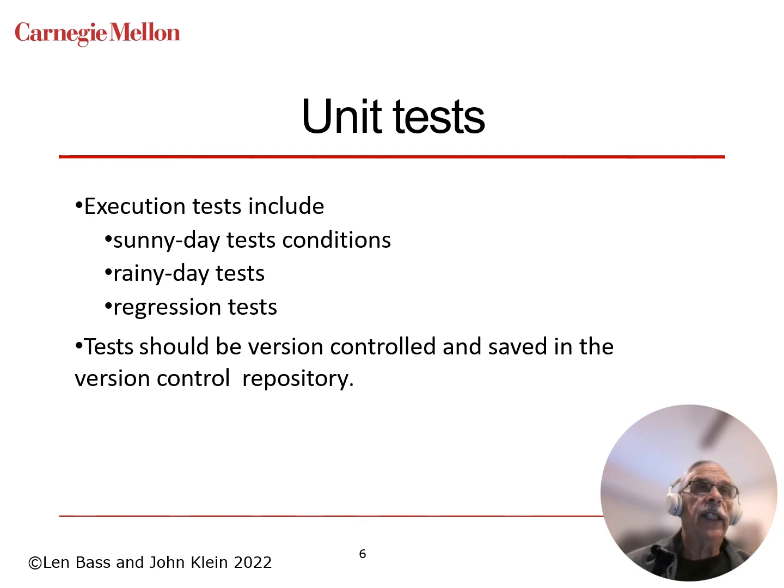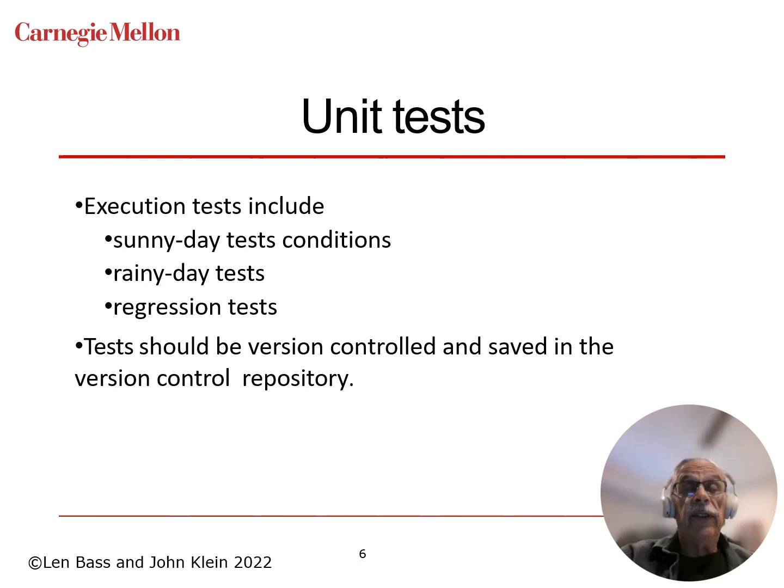So a regression test is: it's possible to have found a bug, fixed a bug, and then reintroduced the bug because you have multiple teammates and multiple branches. And it could be that the bug was fixed in one branch of the version control system and then it reappeared in other branches that were going on at the same time.